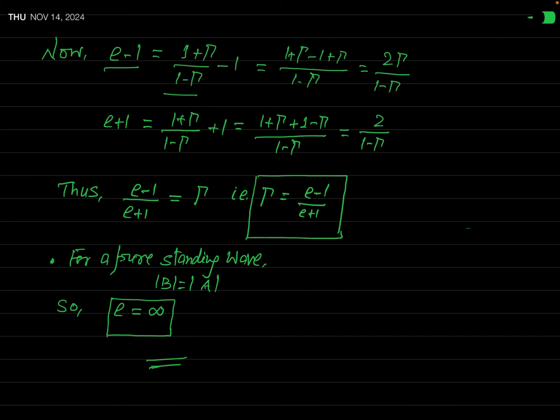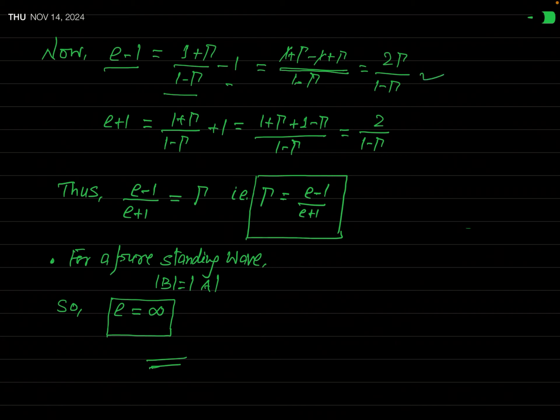So this e minus 1 will be 1 plus gamma by 1 minus gamma minus 1. When you take the LCM, your result will be 1 plus gamma minus 1 plus gamma by 1 minus gamma. Now you can see this 1 and 1 will cancel out. So this is 2 gamma by 1 minus gamma.